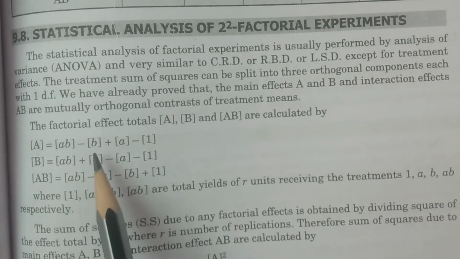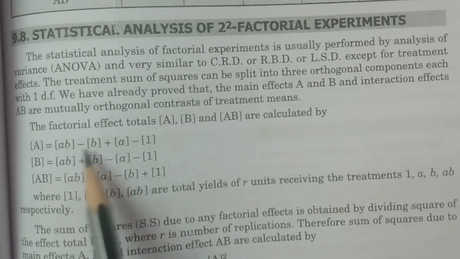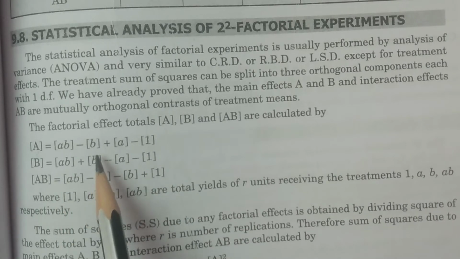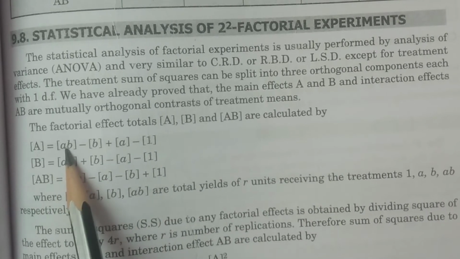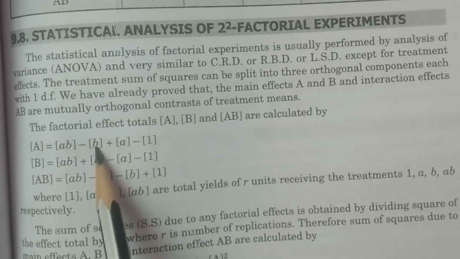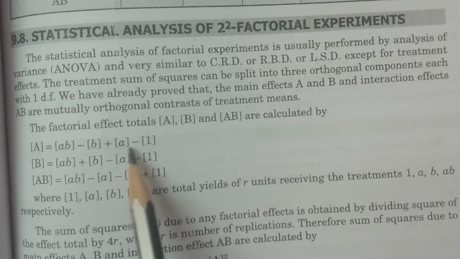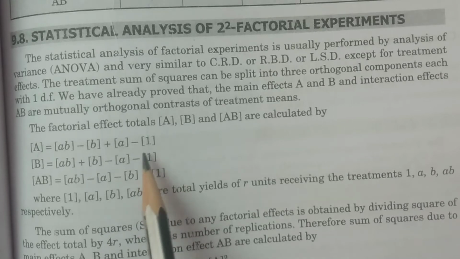So AB minus B plus A minus 1, all in square brackets because they are totals. These are the totals corresponding to the treatment combinations AB, B, A, and 1.